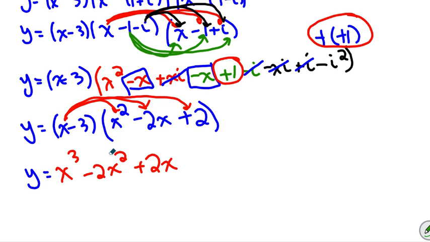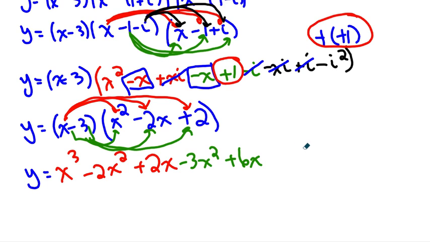And now when we distribute the 3 through, again, we don't want to forget that this negative is part of that. So negative 3 times x squared is negative 3x squared. Negative 3 times negative 2, negative times negative is a positive 6x. And then negative 3 times a positive 2 is negative 6.